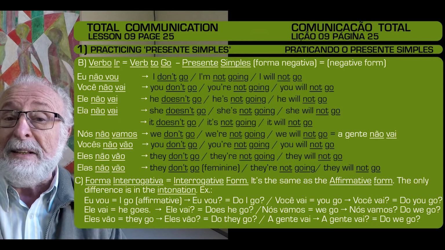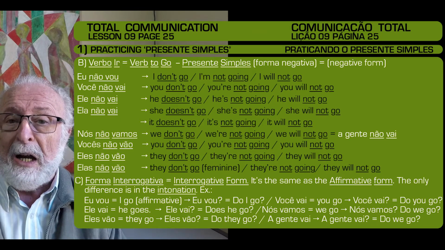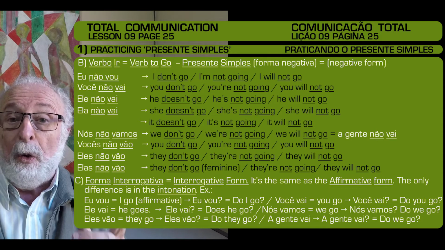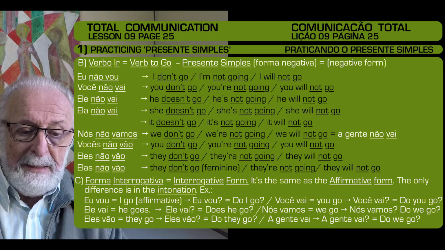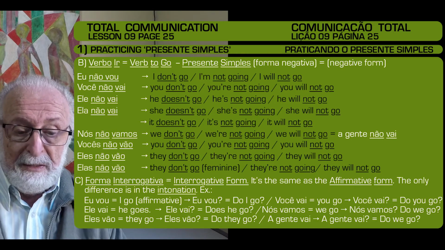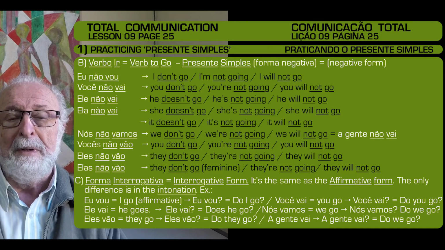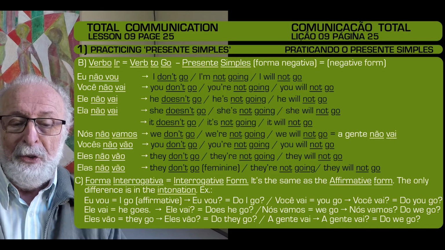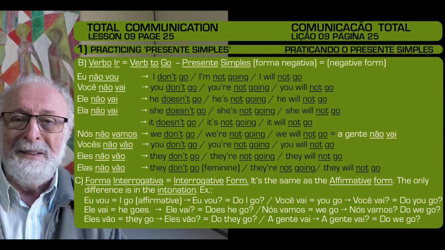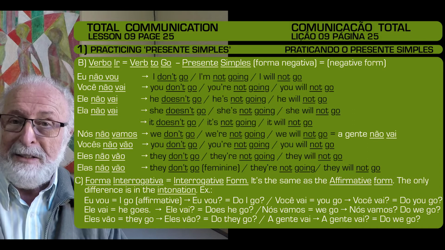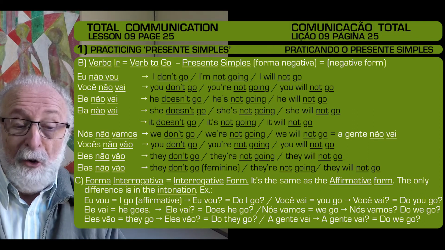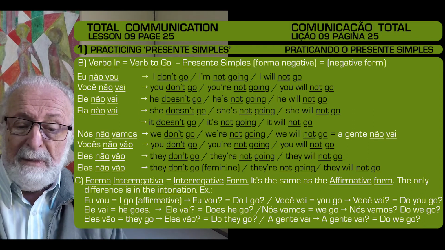You see, interro, strong R, like an H for you, interrogativa. And you say interrogative. Forma is form. Form. So the words are quite similar. All right? This is the Latin root. This is interesting. Forma interrogativa, interrogative form.